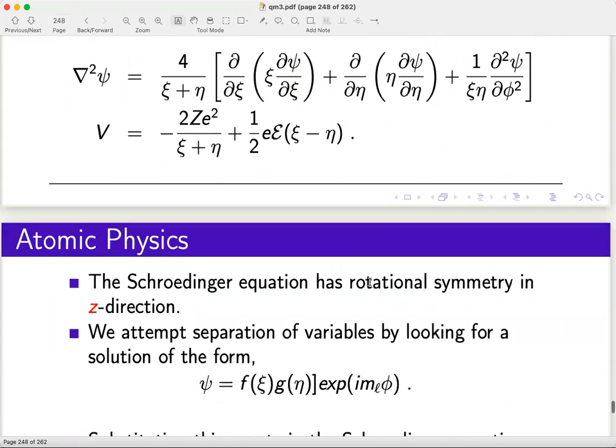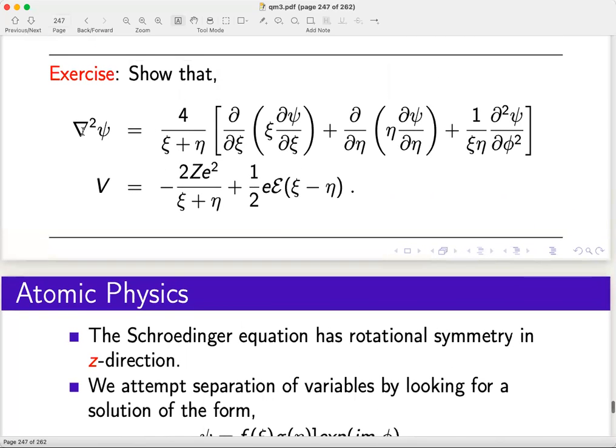We can attempt a wave function of this type, where we write the angular part to be e to the i m_l phi times a function of xi times a function of eta.